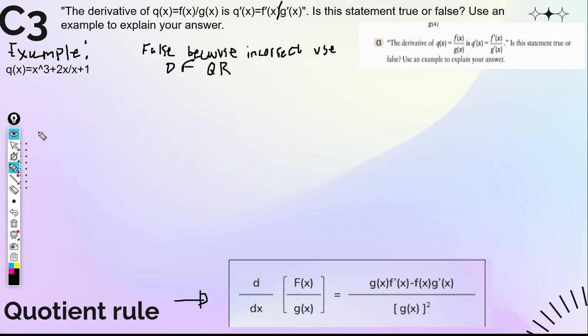So we'll do Q derivative x equals x plus 1 minus the derivative of this, which would be 1 times x cubed plus 1.